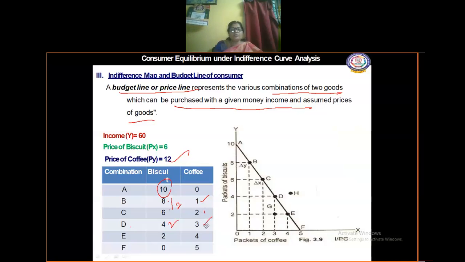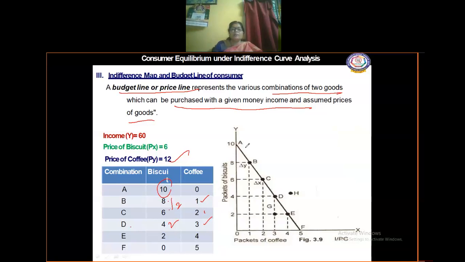So for each one unit increase of coffee packet quantity, the consumer has sacrificed 2 quantities of biscuit packets. So that is how the consumer combination is done according to the given price and the fixed income.